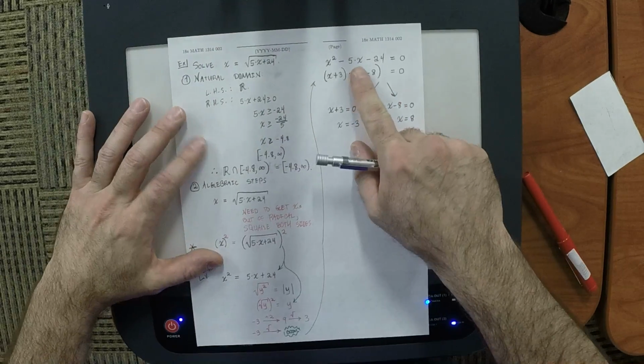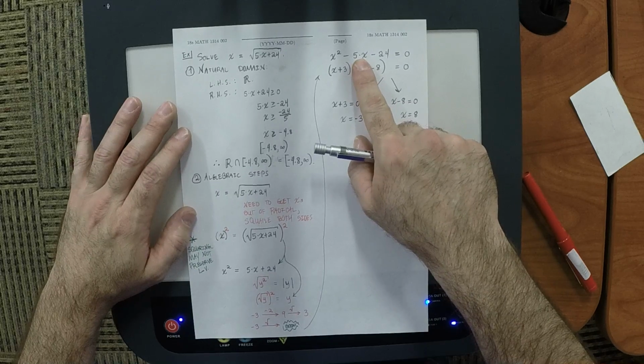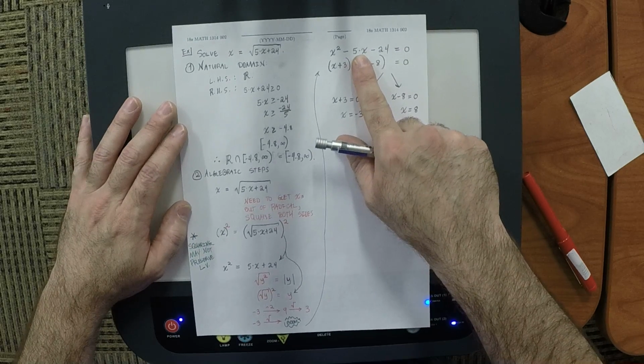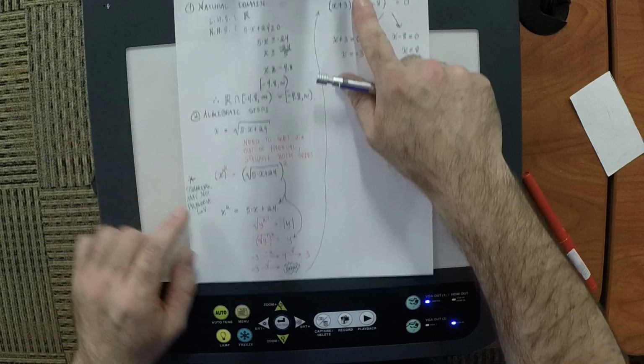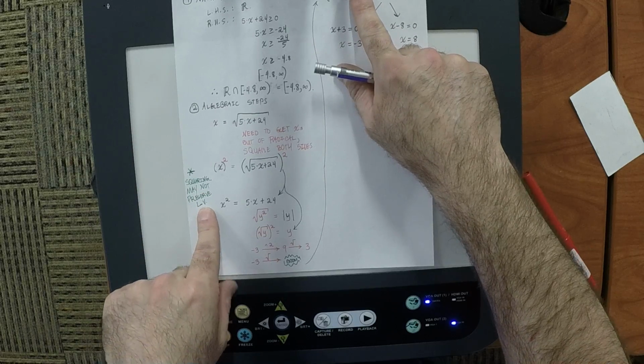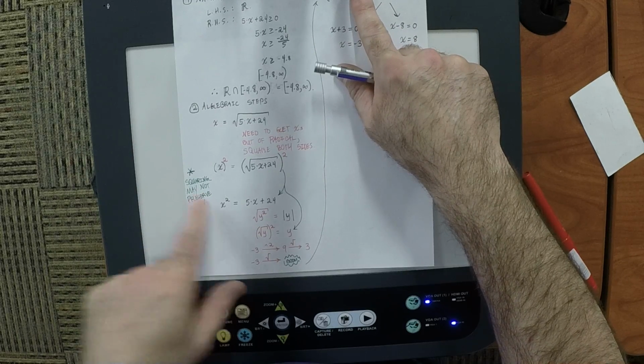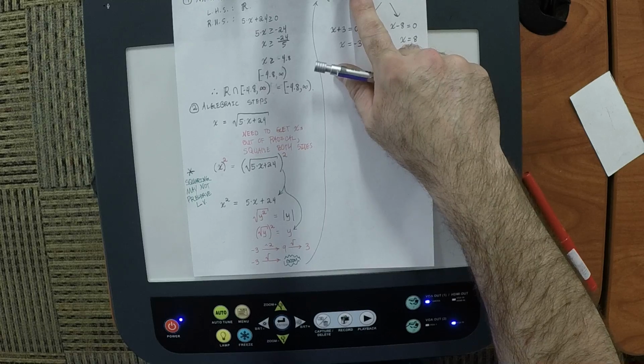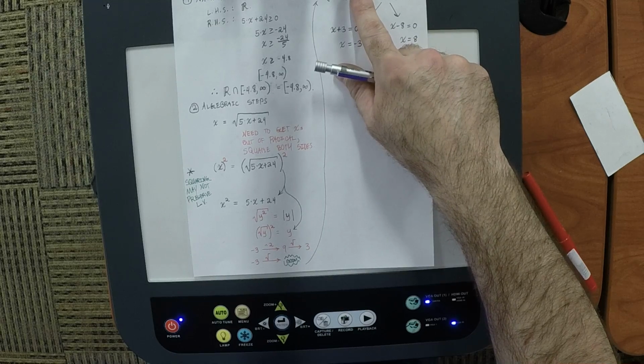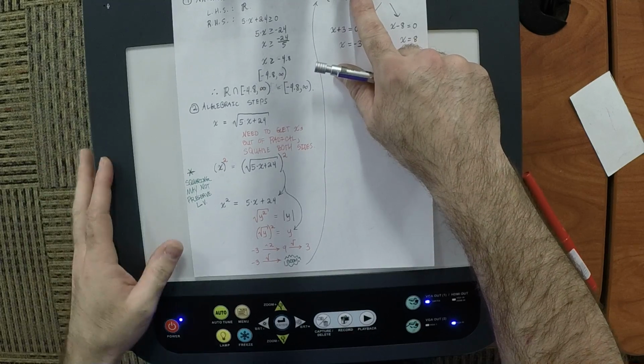How did we get this equation? We squared both sides. That's the chainsaw, right? There's a legitimate way to use it and an illegitimate way to use it.